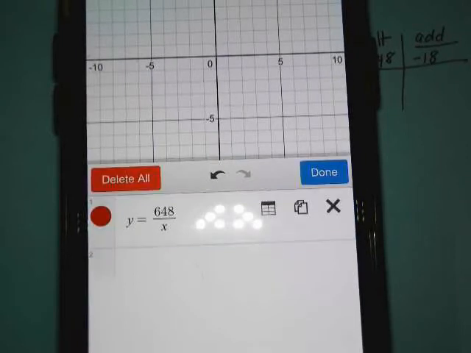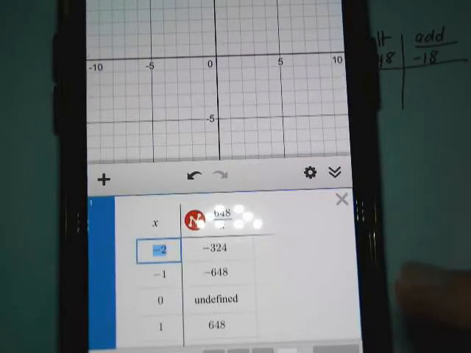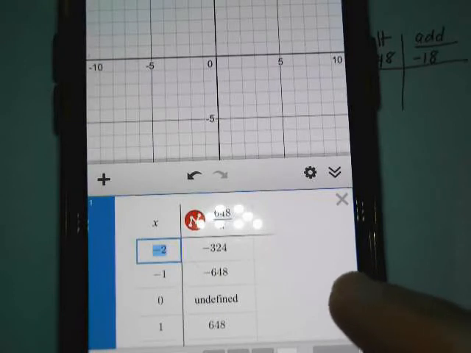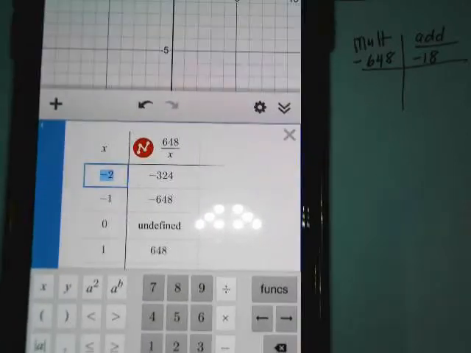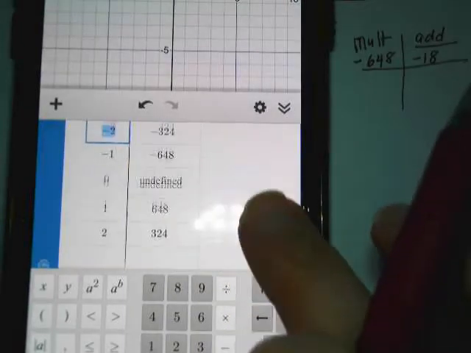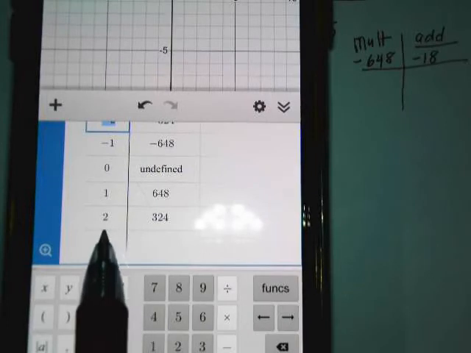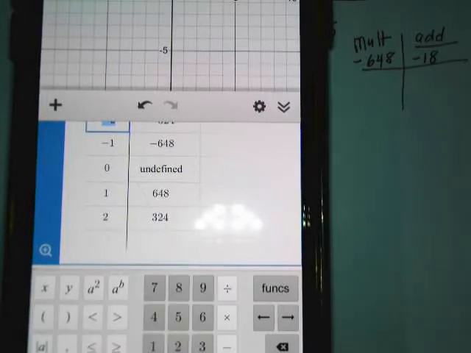I'm going to hit that little button up there, and go to the table. This is going to give me my factors that multiply to 648. Please keep in mind that it is not taking your signs into account. These are positives. Now, they're only giving me factors from -2 to +2, and none of these, if I add them up, give me -18.